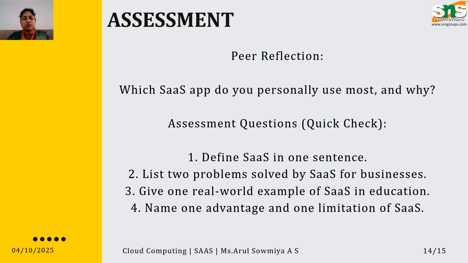The last one is one advantage and one limitation of SaaS. The advantage is no installation or maintenance required, and it is accessible anytime and anywhere. The limitation is it requires continuous internet connectivity for access.